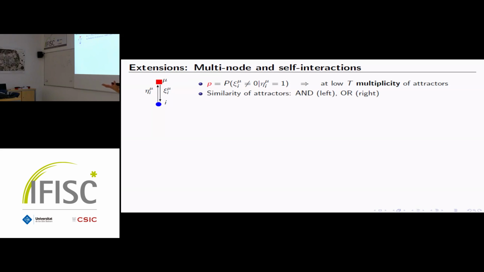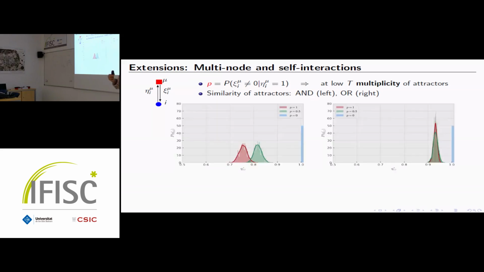So what we do is to run many different dynamics from different initial conditions. You wait until the steady state is reached, and then you look at how similar different steady states are. And this is the distribution of similarities.